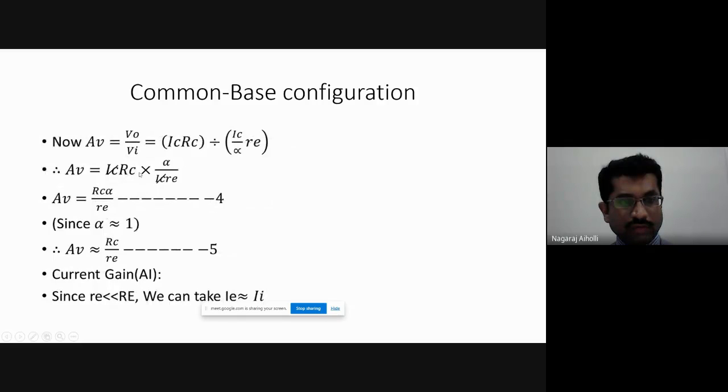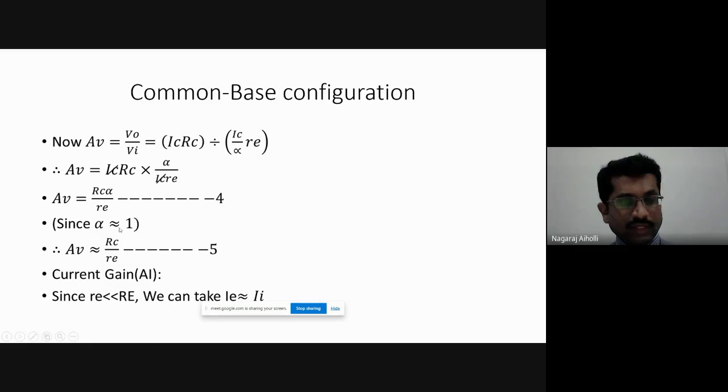AV is equal to V naught by VI, that is IC RC divided by IC small RE by alpha. Now, IC RC into alpha divided by IC RE. IC and IC will cancel. Therefore, AV will be equal to RC alpha divided by small RE.